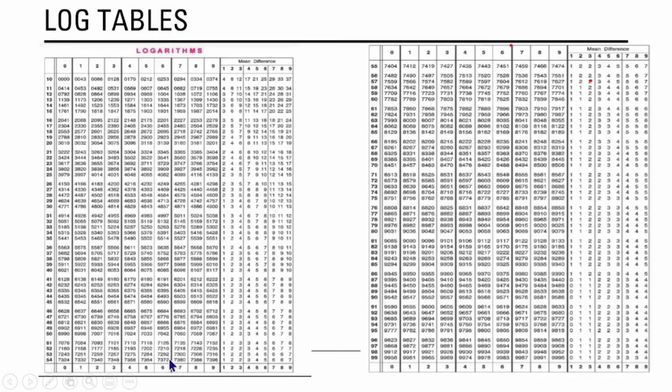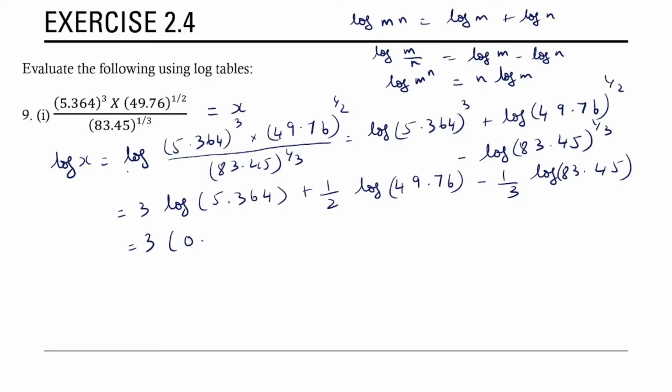The mean difference corresponding to 4 is 3. So the value is 7295. So this is 0.7295 plus half into, similarly for log 49.76, here the integral part has got 2 digits.